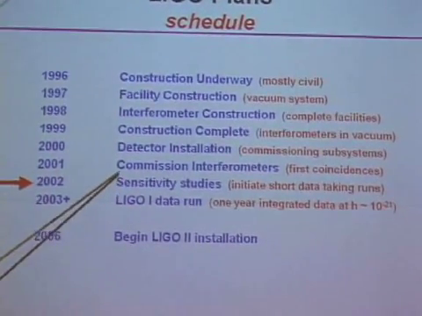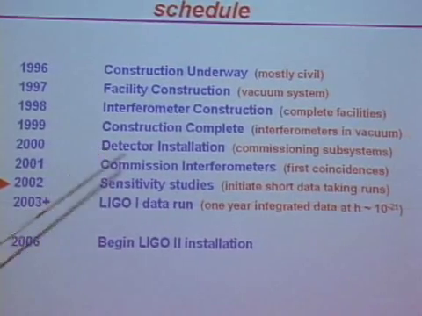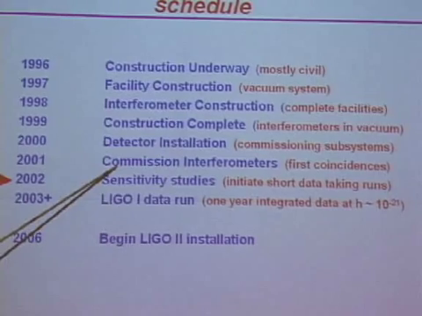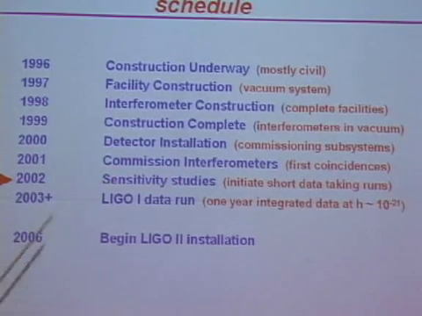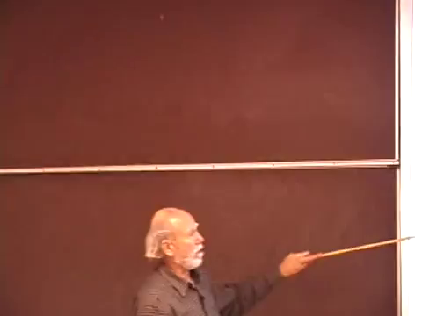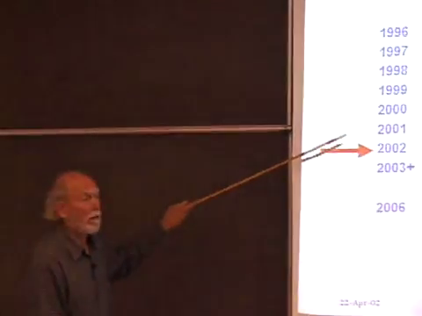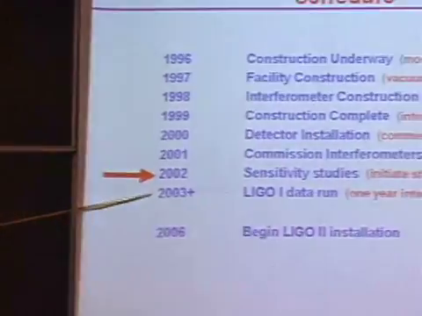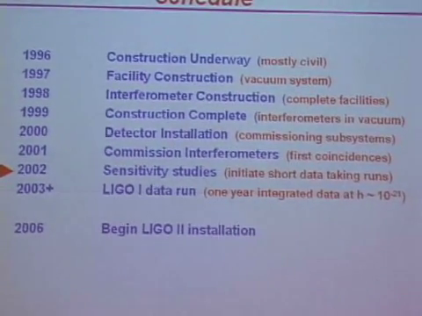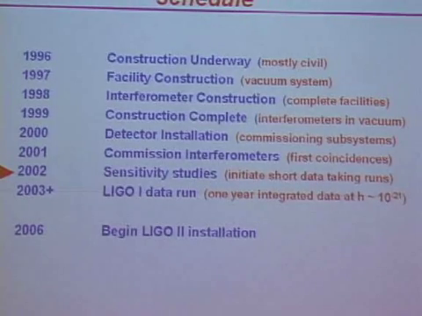We've worked our way toward finishing building it in 2000, getting the interferometers themselves working, and now just beginning on sensitivity studies. So that's where we are now, and I'll show you that just quickly. And we expect to start our first really serious science run about summer of 2003 next year.